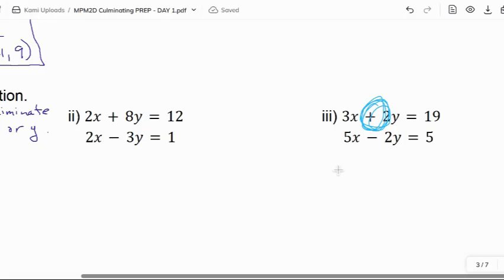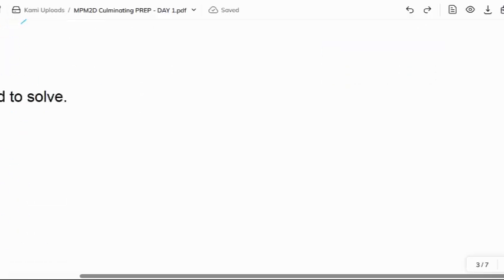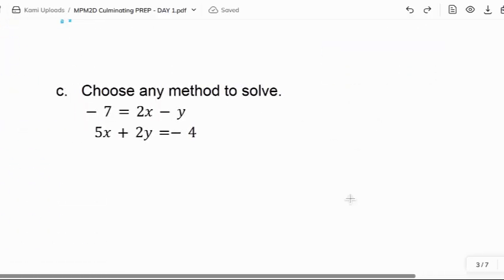The second thing I want to change is in part C, when I say choose a method, this second question. I actually erased it because it was so ugly. It's doable, but it gives you a really ugly fraction, and I'm just not going to make you do that. That's not necessary. Okay, so cross out that second question in part C.